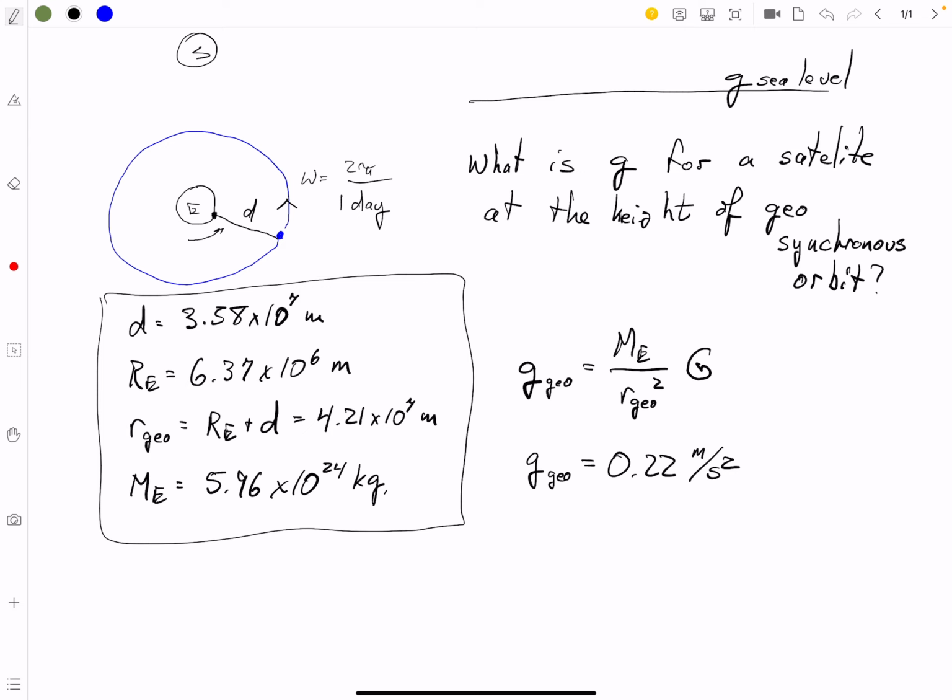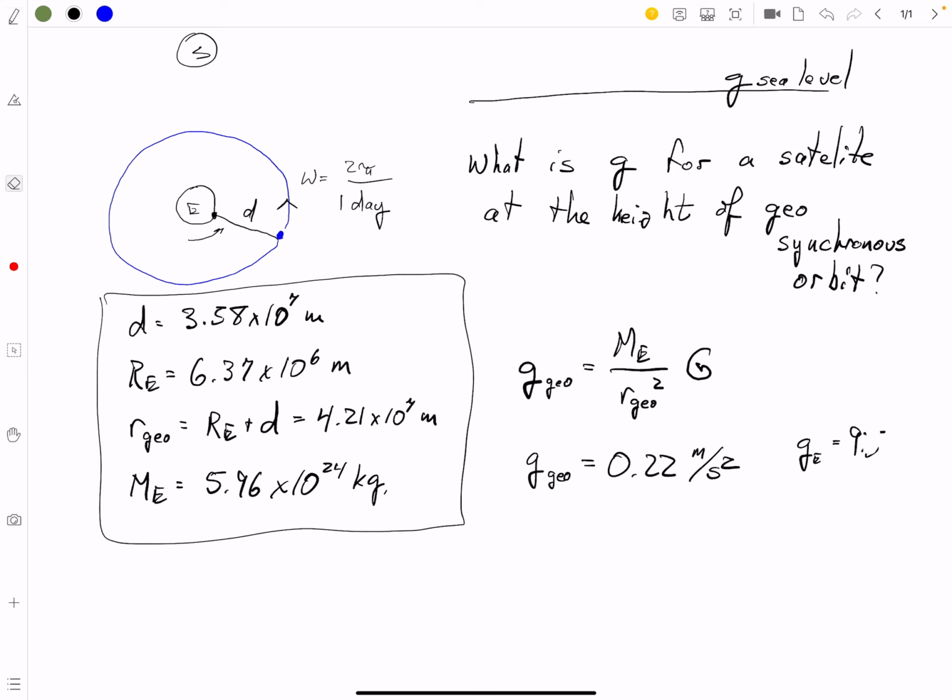If we look at the two different places, one at the surface of the planet, so g for the Earth surface, that's 9.8, right?